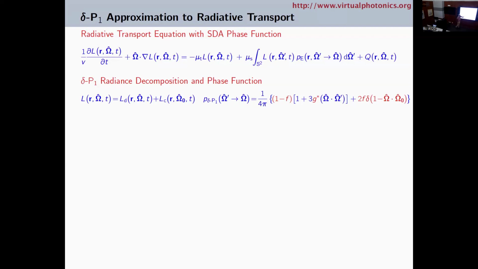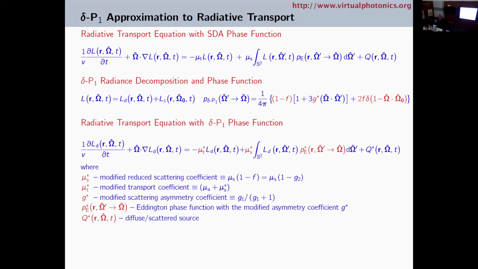And so that helps with the cosine element, because you've taken a component of the light which is strongly forward directed away and put it in collimation. And if you do that, again, I'll spare you the math, you get the exact same equation for the diffuse light, but the optical coefficients are slightly altered.